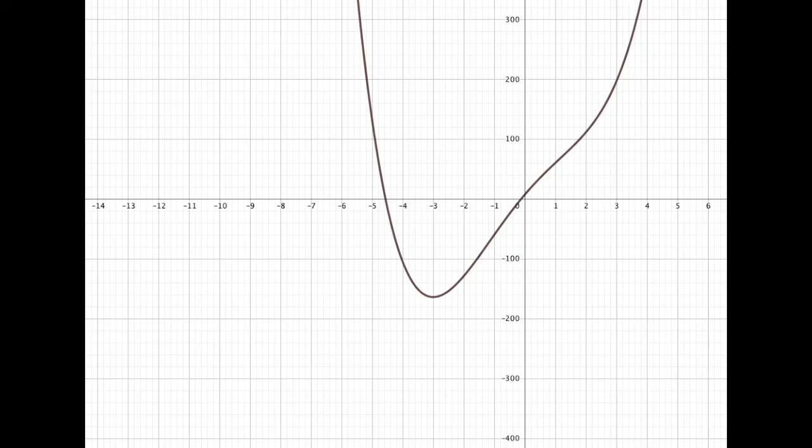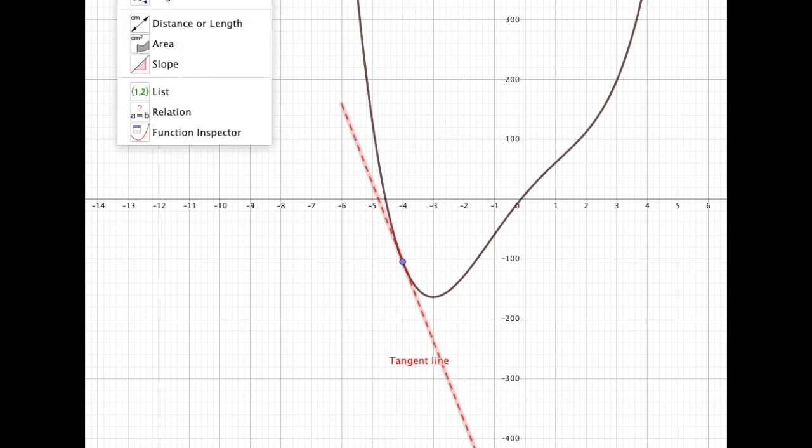Here we can see the function that was in the question. You'll notice that the axes have had to be changed so that we can see the curve nicely. Now if we put a point on the curve and then put the tangent to the curve, we can put the value of that slope on the graph as well.